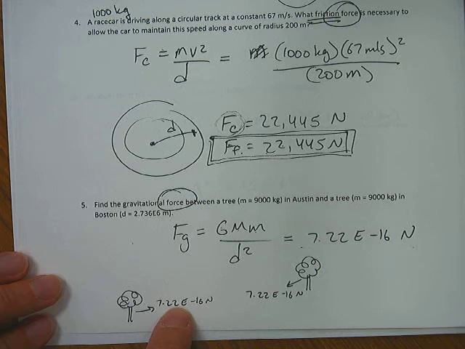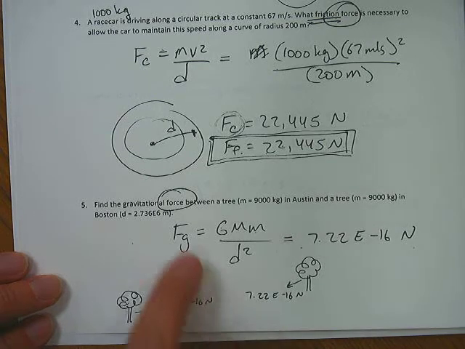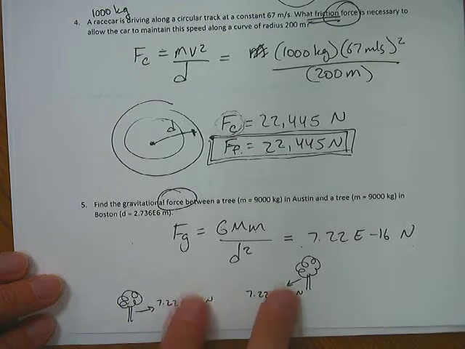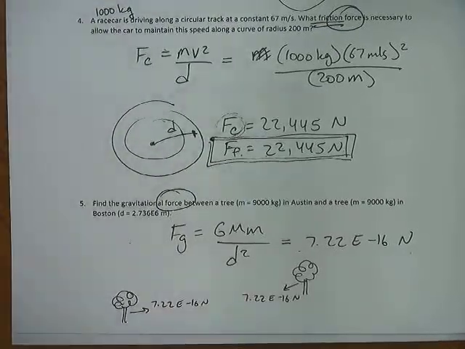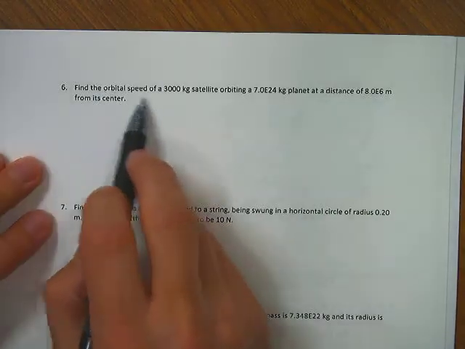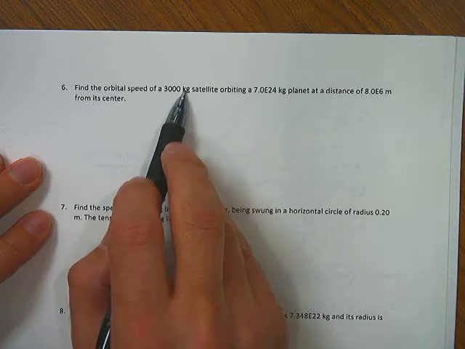So you have one tree over here and another tree very far away, and those two trees are pulling on each other. This tree pulls this tree towards it, and this tree pulls this tree towards it. And the force on this tree is 7.22 E negative 16 newtons. And the force on this tree is also 7.22 E negative 16 newtons.